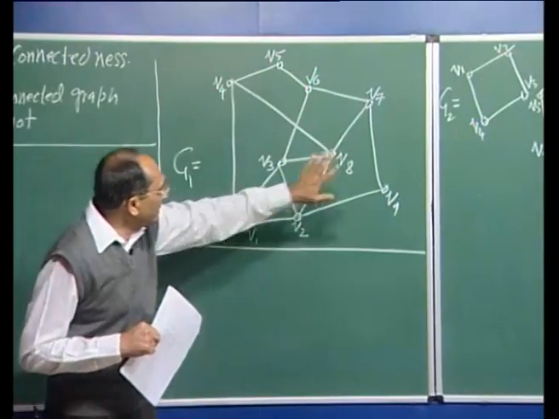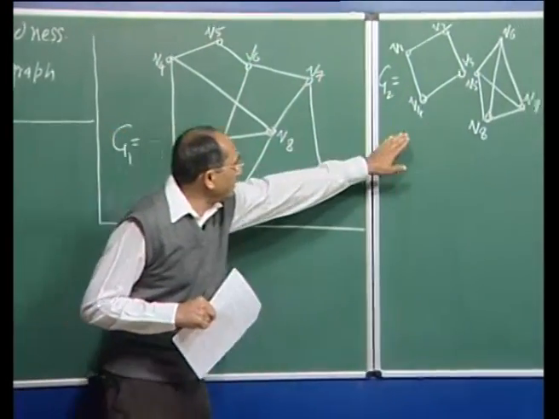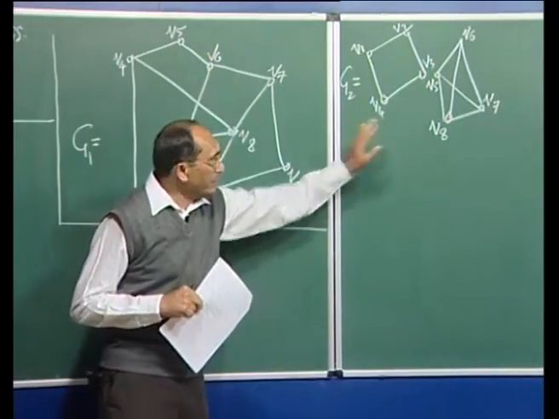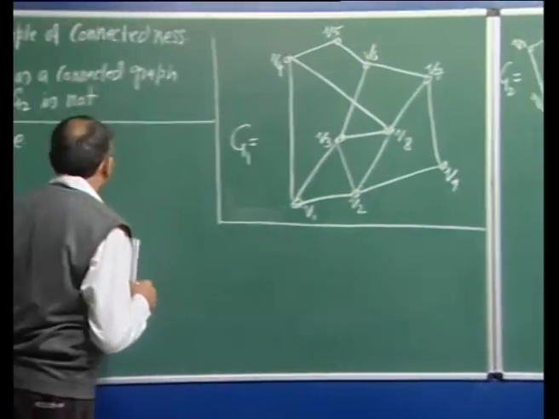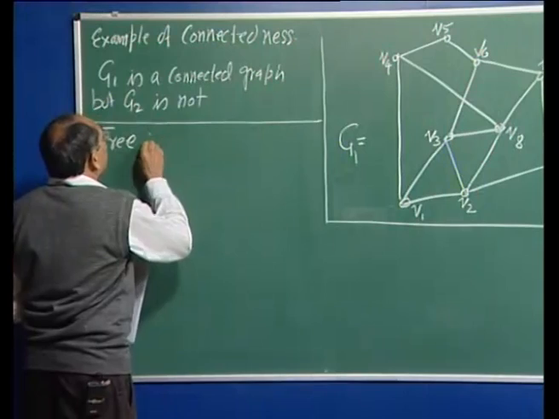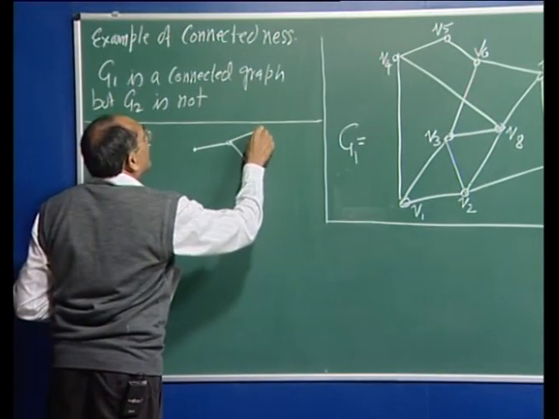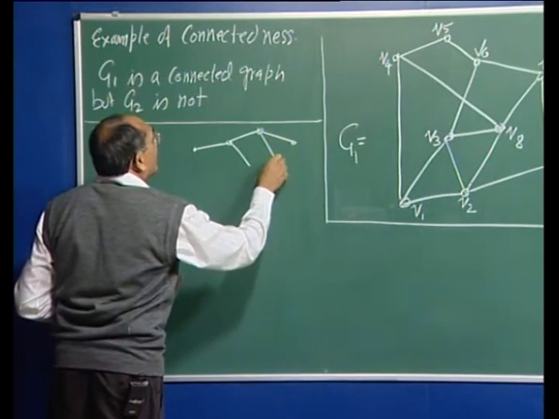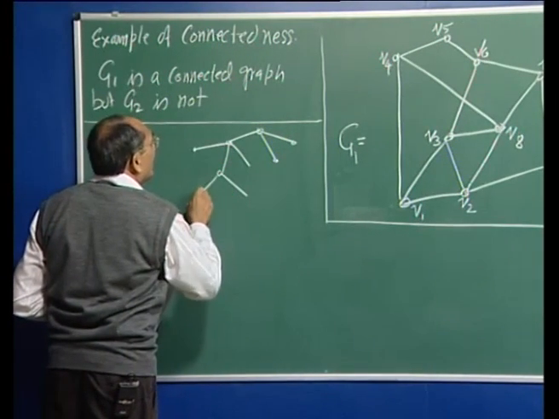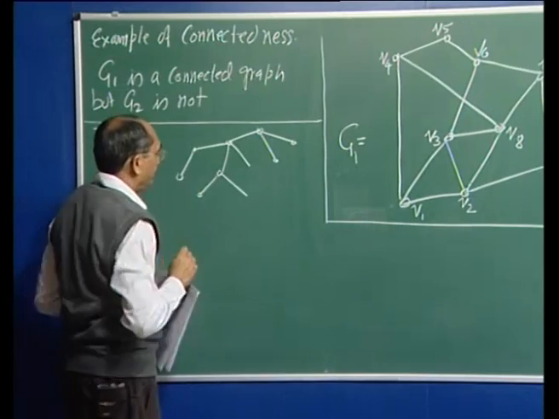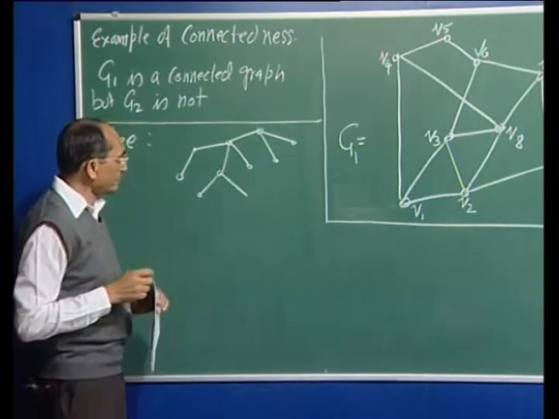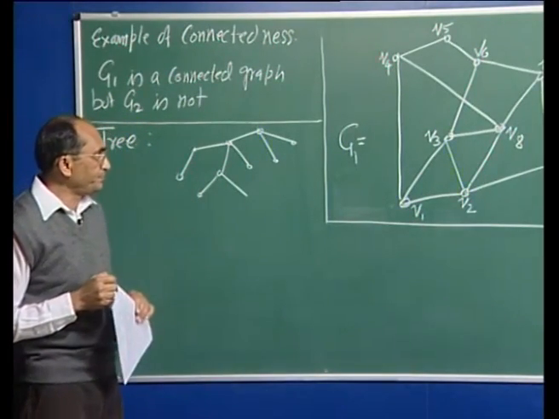For one thing, both of them have cycles, and in the second case, it's not even connected. So, an example of a tree will look like this. This is a tree.